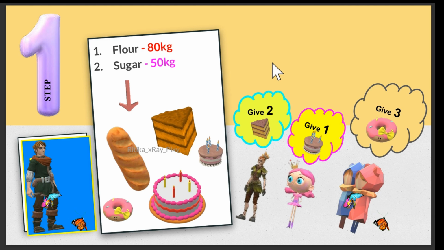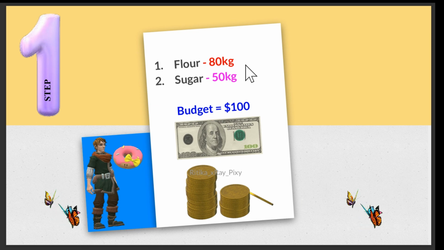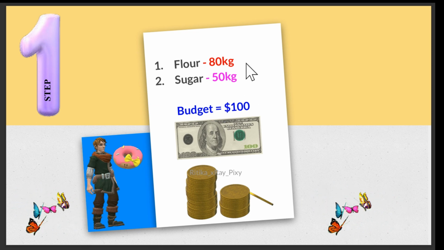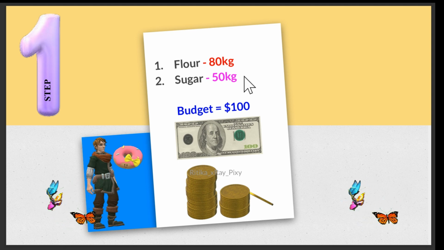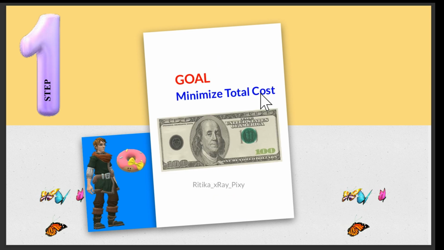So we have this simple example. This person needs to purchase flour and sugar, and has a specific budget that is $100 and a specific requirement for each ingredient, like at least 80 kg flour and 50 kg sugar. So the goal is clear. We want to minimize the total cost.